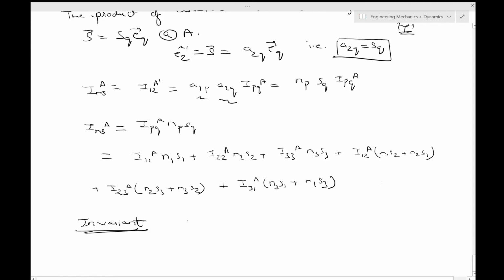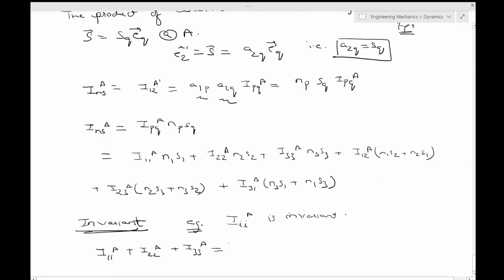One example which is somewhat popular is that I_A is invariant. Okay, this means that I11 A plus I22 A plus I33 A. Remember, we are now using this summation because it's not n or s. If it was I and n, then we wouldn't go for this summation.